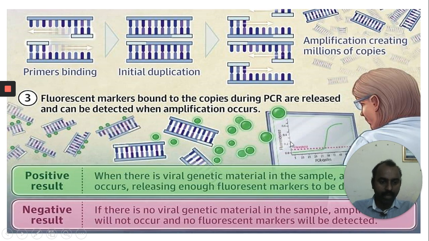There are some artifacts in the assay. However, if you have a viral genome, you get a fluorescent indication saying that you are infected with the virus. Further, if you have no virus, there are no fluorescence markers detected. This is the fundamental protocol of RT-PCR.